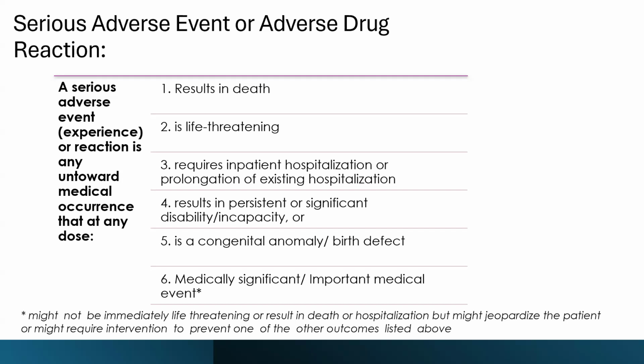Congenital anomaly or birth defect. This is when the mother is taking the drug and the effect is on the baby as well. During pregnancy, the mother is taking some medicine and some ADR happens.